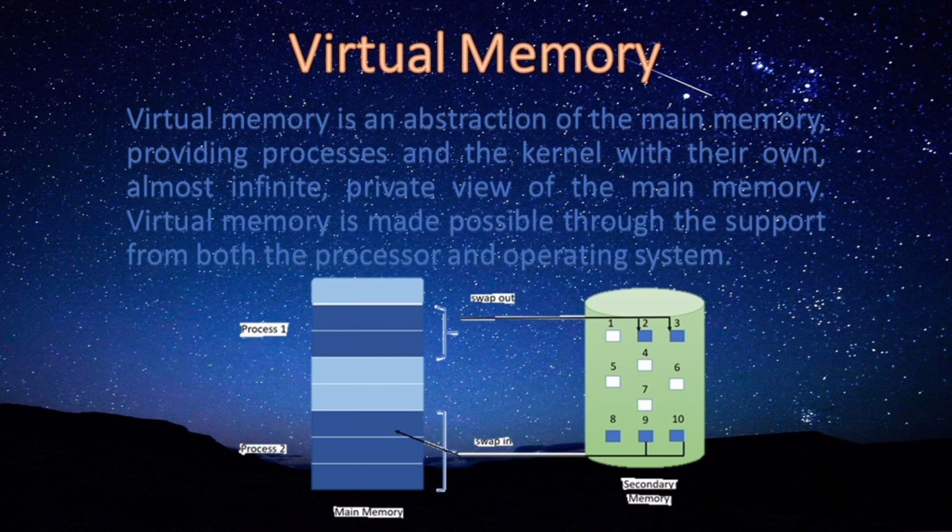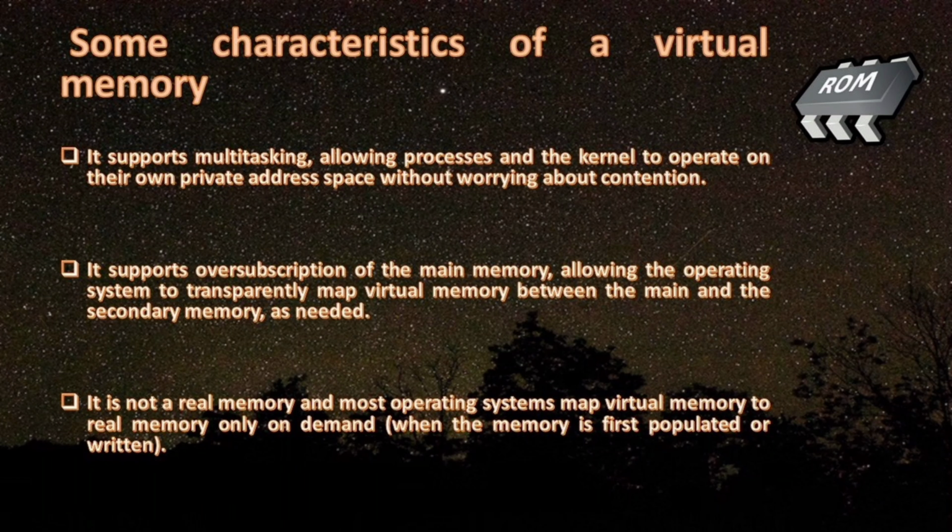Virtual memory. Virtual memory is an abstraction of the main memory, providing processes and the kernel with their own, almost infinite, private view of the main memory. Virtual memory is made possible through the support from both the processor and the operating system. Some characteristics of a virtual memory.